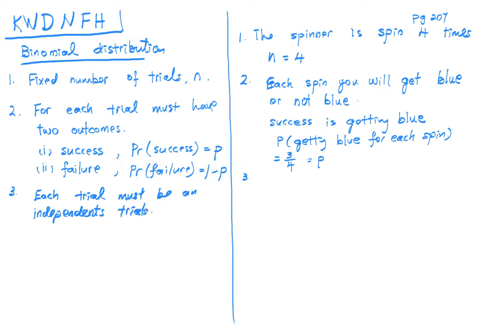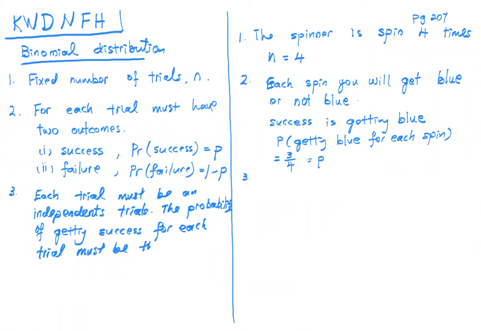Okay, this means the probability of getting success for each trial must be the same. So this is a criterion for binomial distribution.